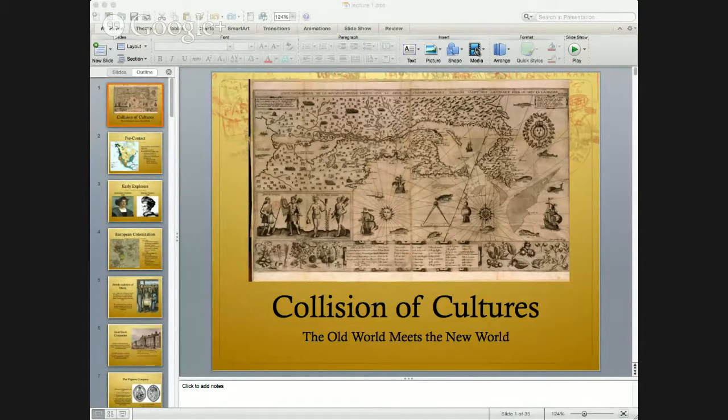So the stockholders said, you know, that's great. We love that you want to convert these Native Americans, but we want to make money. So the stockholders said, we're going to America because we want to find gold and other products to help boost our own pocketbooks.